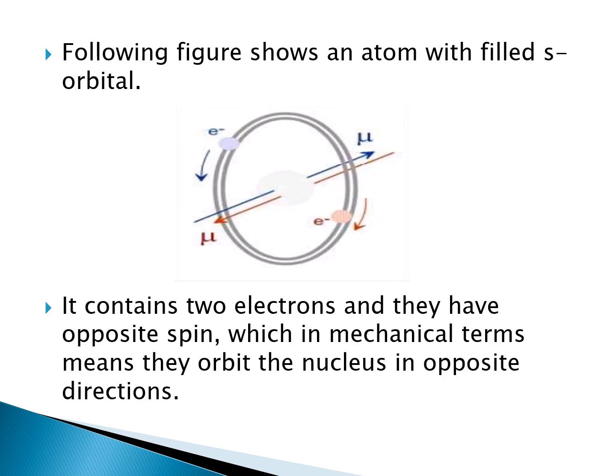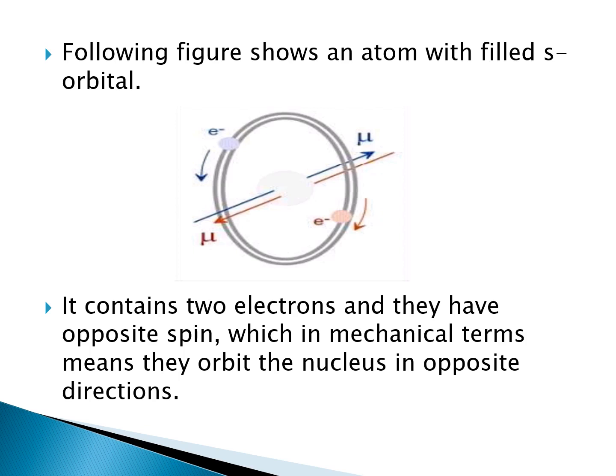This is the figure of the s orbital. The s orbital contains two electrons that have opposite spin.